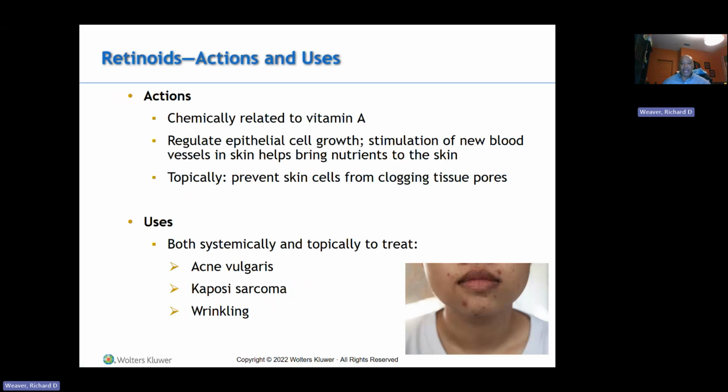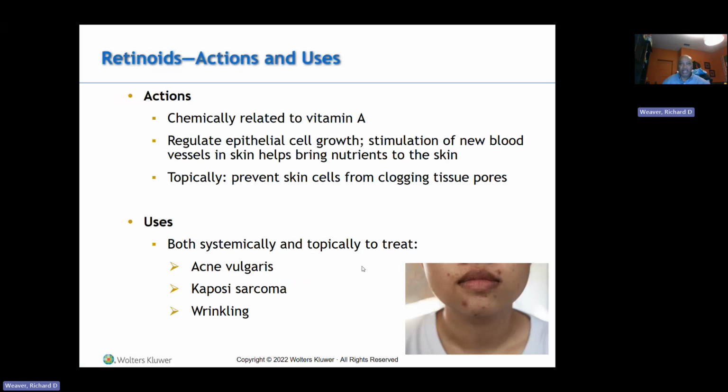Now, these particular drugs, the retinoids, as you can see here, are used systemically and topically to treat acne vulgaris, and Kaposi sarcoma, which is a cancer seen in a lot of immunocompromised patients, in particular AIDS patients, where we saw this particular type of skin cancer.